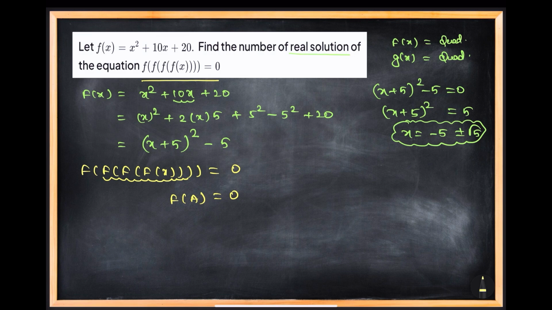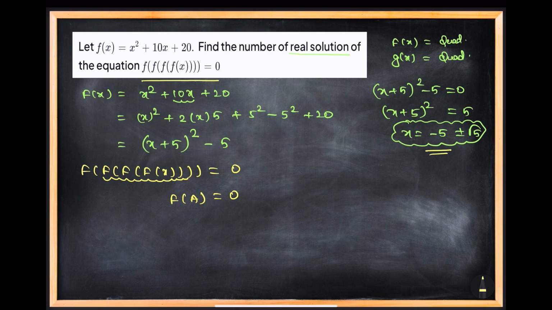You know that this f of a means we have to replace x with a, and we want to find the roots. What are the roots of that f of a? The same things are the roots, no? Meaning if you replace x with a, you will have a quadratic in a, whose roots are the same as the quadratic in x, and the roots are this. So the value of a will become this.